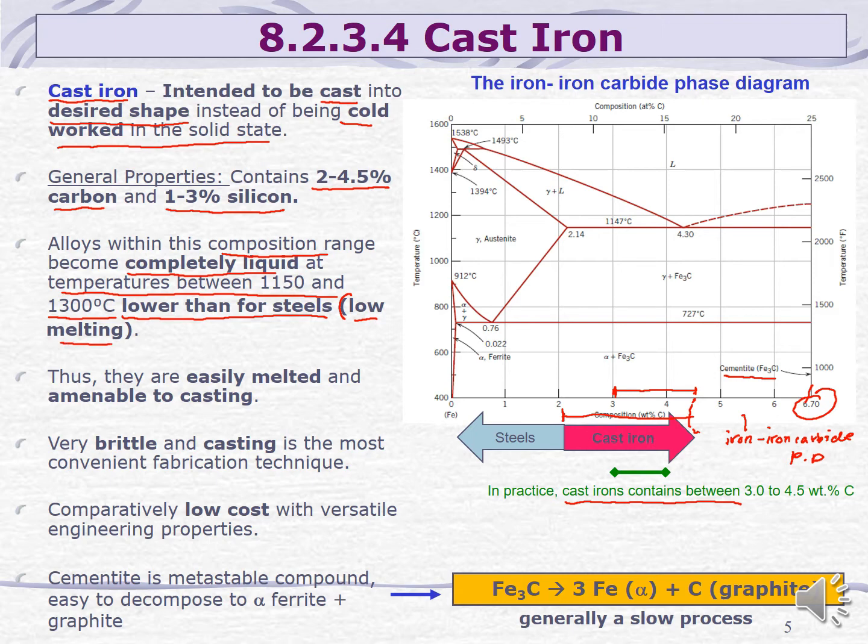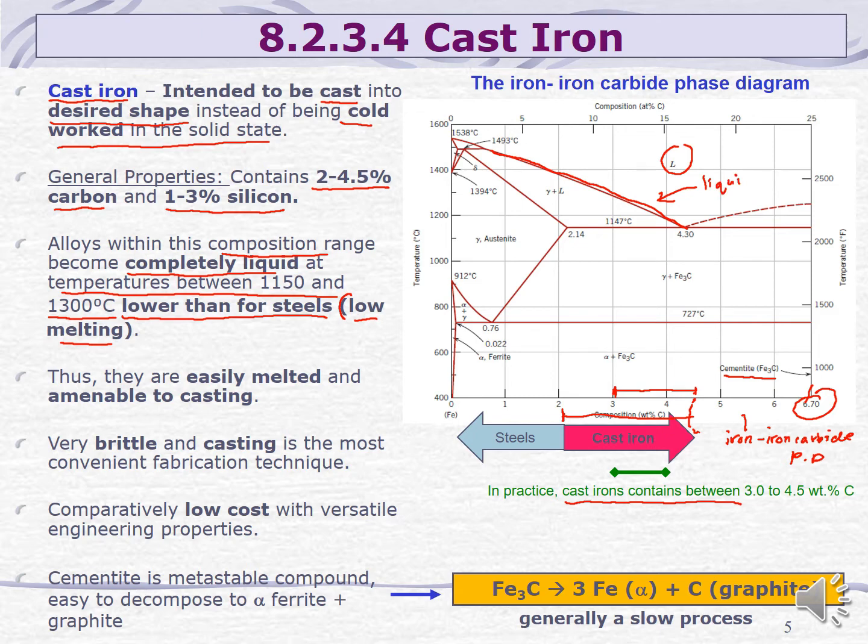Okay, let's look at here. If you compare, this is for steel, less than 2 is steel, and please remember some of the knowledge from the previous chapter. Okay, this is liquid phase, and this line is the liquidus line.